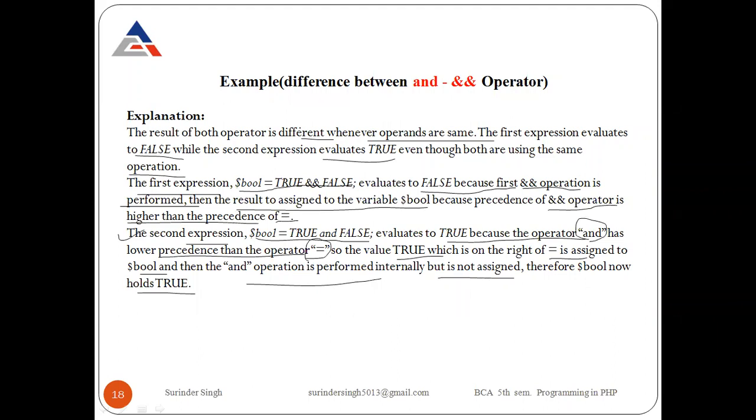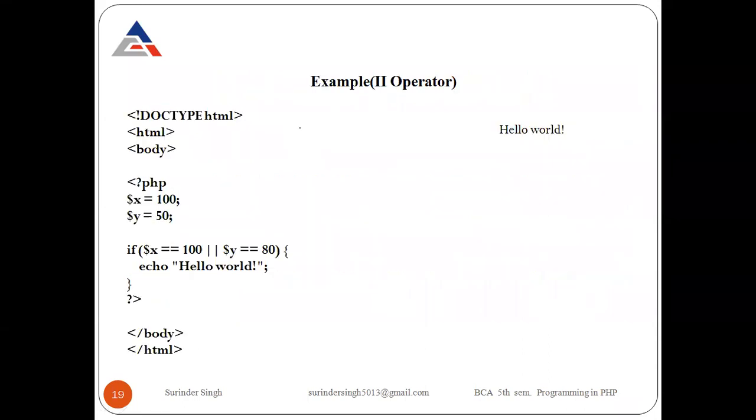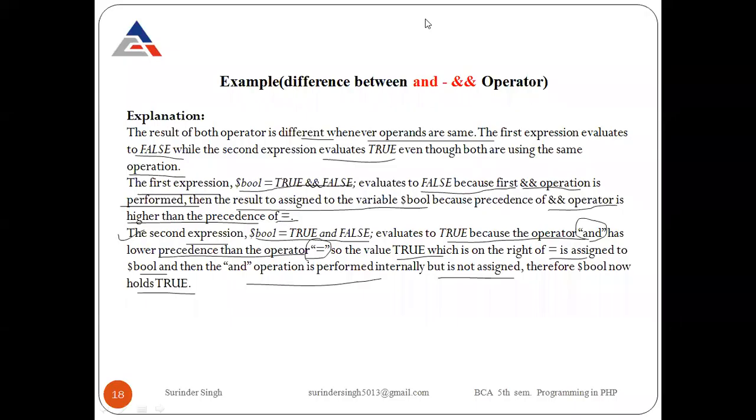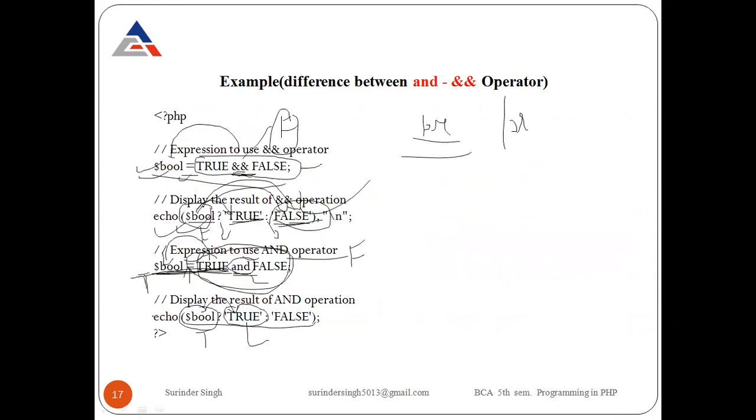Is it clear to you? Okay. So what it said is that this operator AND has lower priority than the assignment operator, so the operator with the higher priority will be executed first.